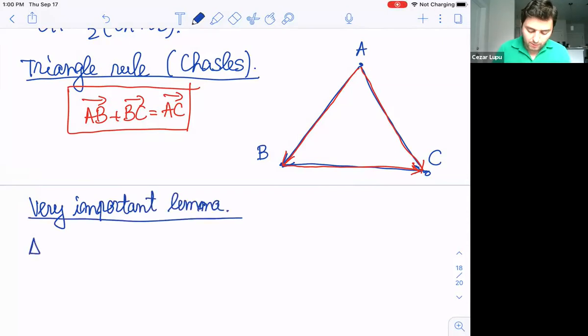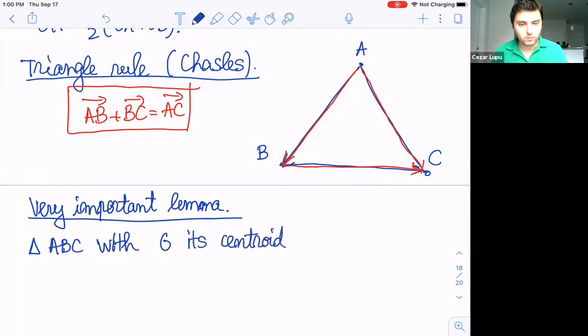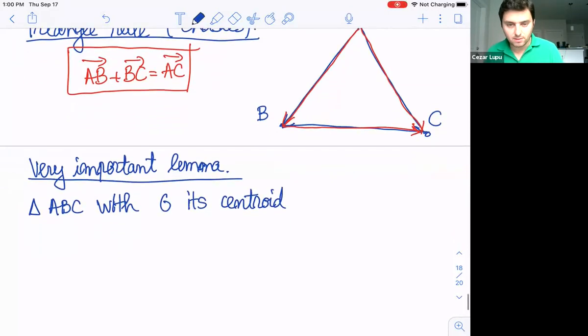Which says the following: if I have a triangle ABC and G is its centroid or center of mass, and we've talked about this, we know what centroid means. This is the meeting point of all the medians in the triangle.